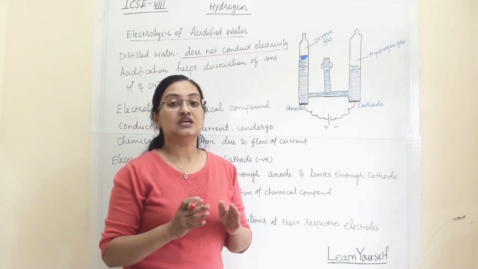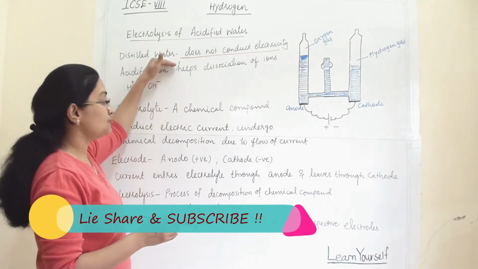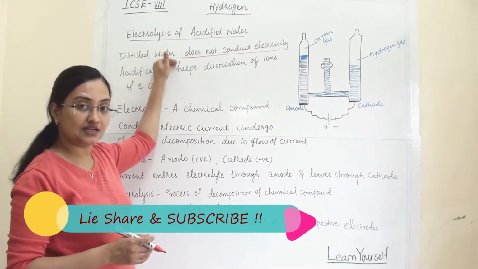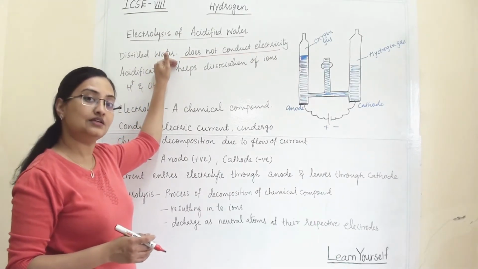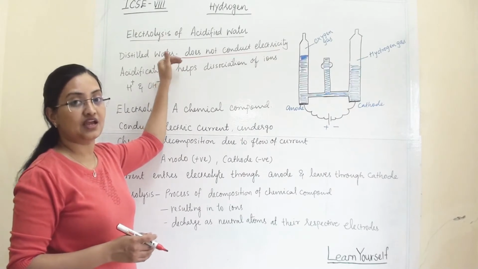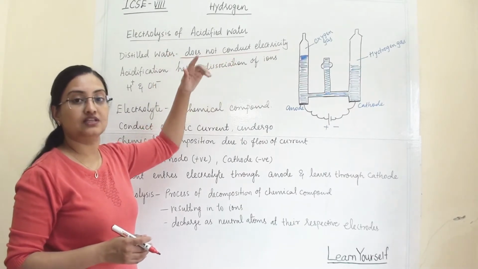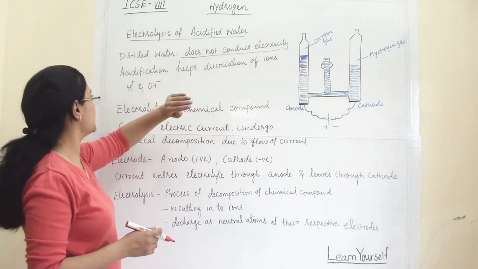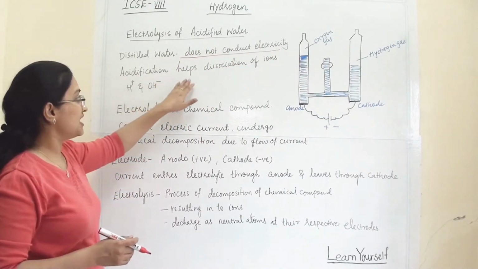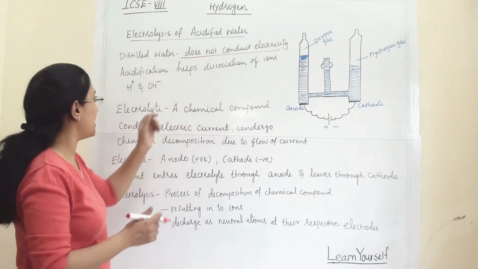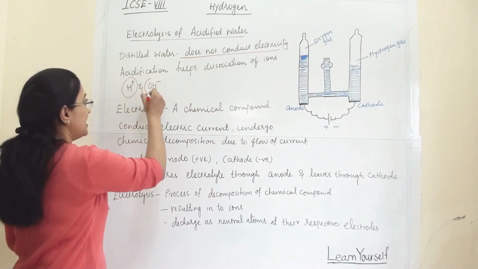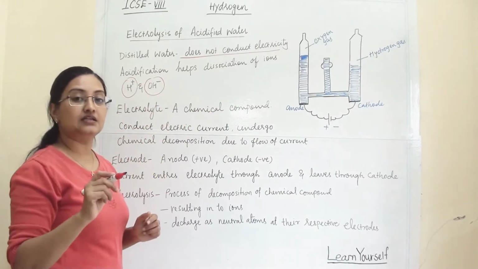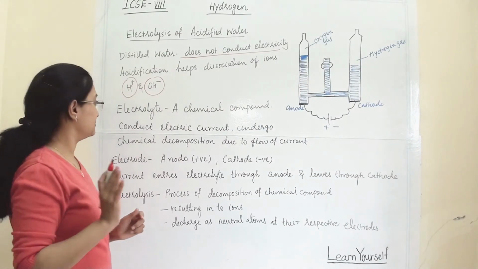So when we are using distilled water as the electrolytic solution in the electrolysis cell, we have to acidify it. Then only will the current pass, because distilled water cannot conduct electricity. Acidification helps in the dissociation of ions, that is H plus and OH minus. To conduct electricity, we need ions.